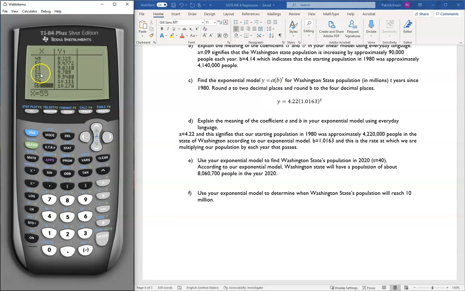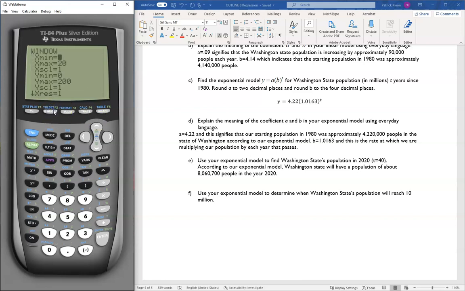So it should be between 52 and 53 years. But I'd say let's go for a little bit more of an exact answer. So I'm going to put y equals 10 here, and then I'm going to graph both of those things just to make sure that it is popping up on our graph.